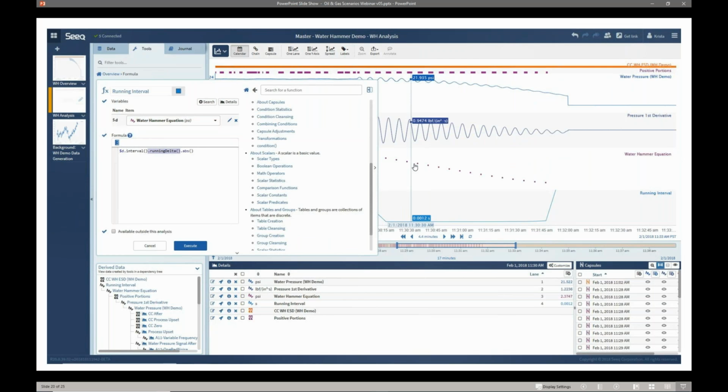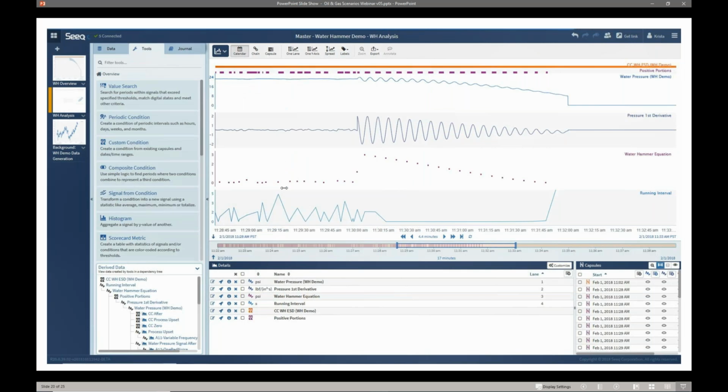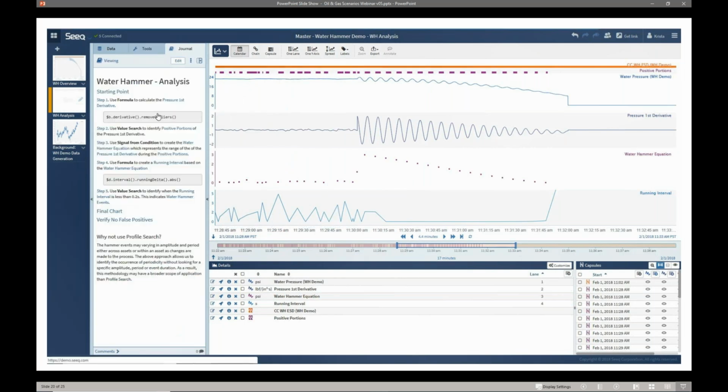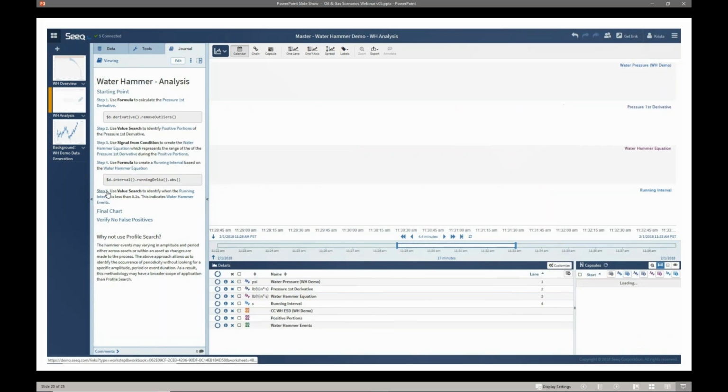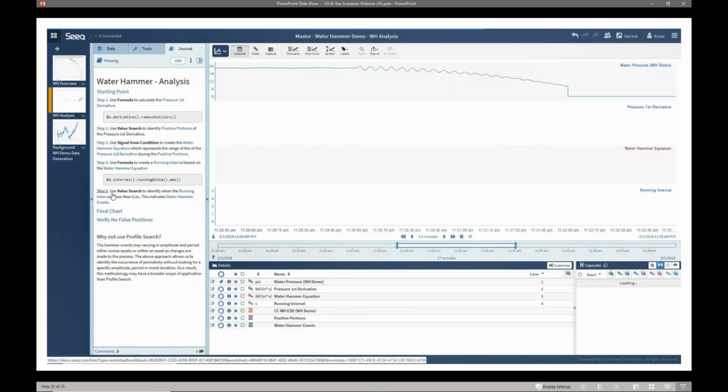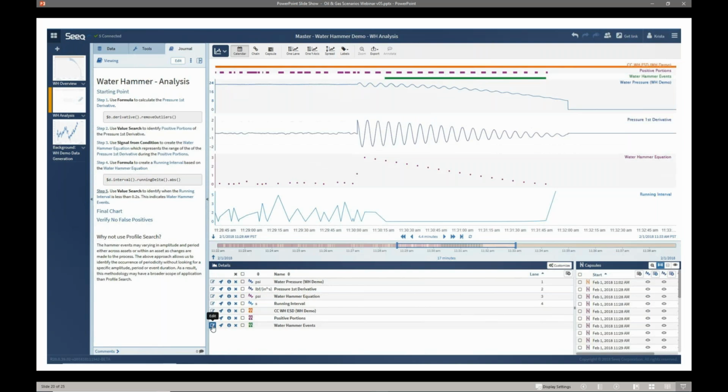Because our water hammer sample points are evenly spaced, a running delta of those values will always be at 0 or close to 0. When I have unevenly spaced points, you can see that they are not near 0. This allows us to go to our final step, in which we'll detect the water hammer event.